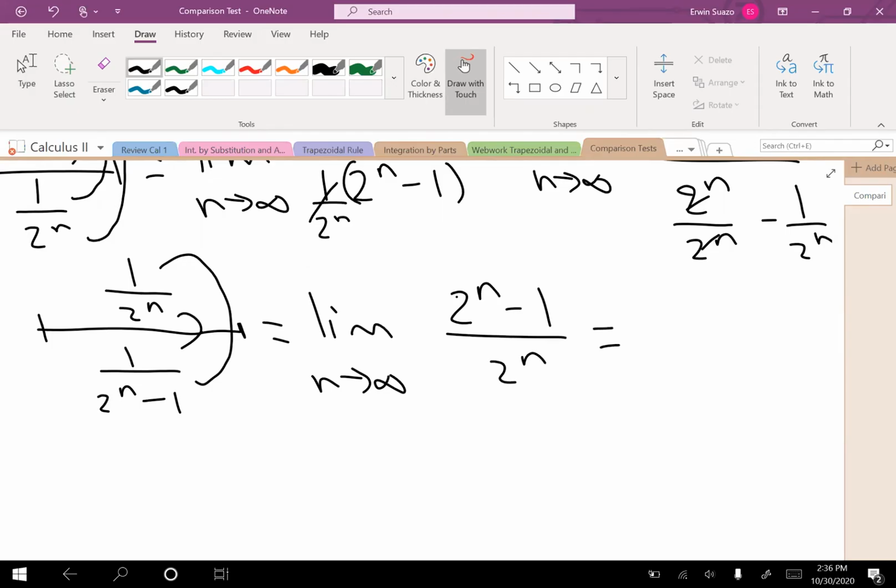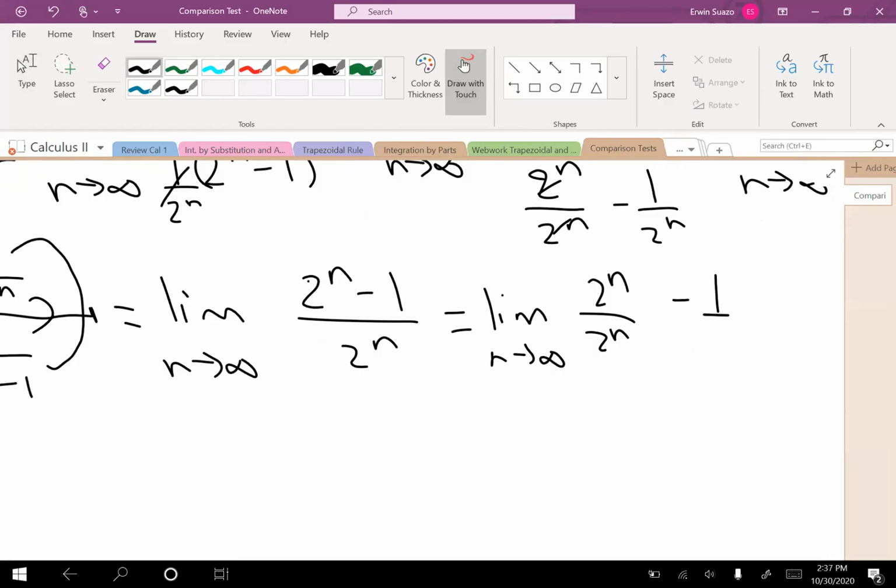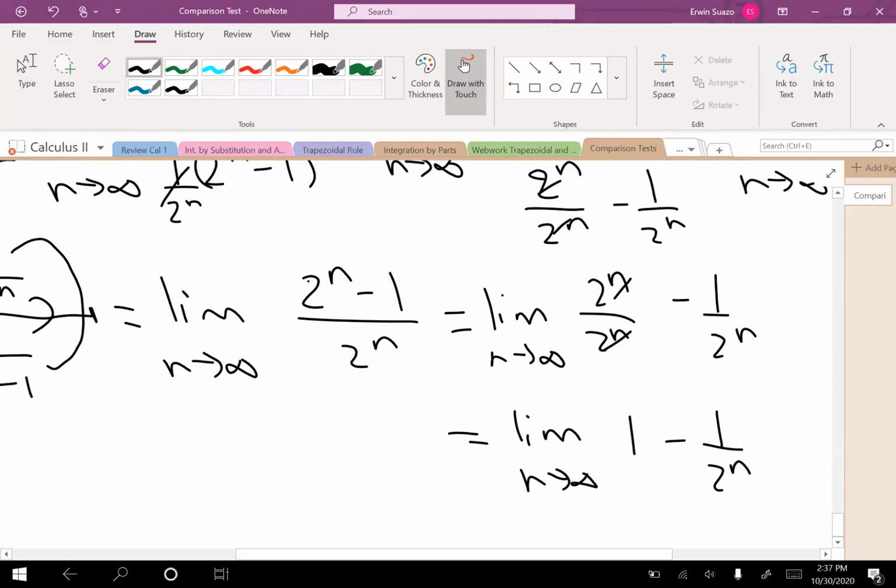Then I expand my fraction. So I get 2 to the n over 2 to the n minus 1 over 2 to the n. I simplify this guy, so I get the limit as n goes to infinity of 1 minus 1 over 2 to the n, and this guy goes to 0. So this is 1.